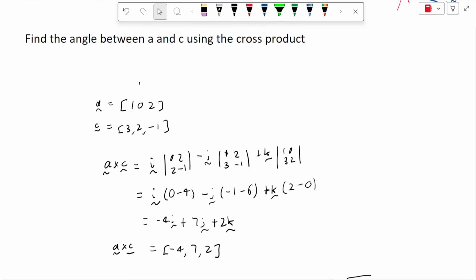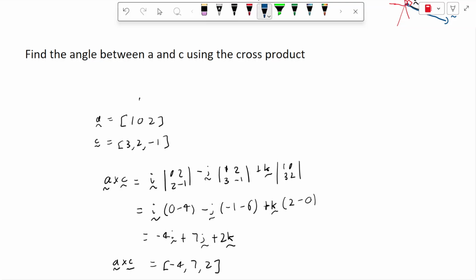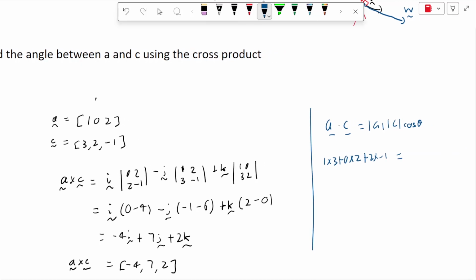Cool. We should be able to get the same angle using the dot product. So if we use the dot product formula, A dot C is mod A mod C cos theta. So when we work out A dotted with C, that is 1 times 3 plus 0 times 2 plus 2 times minus 1. You just dot all the bits together. That equals root 5, root 14 cos theta.